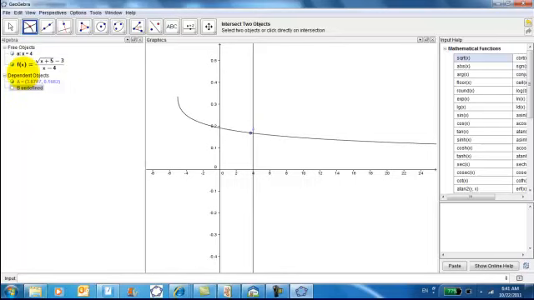And notice B, this point of intersection, is undefined, because technically, when you put 4 here, you're dividing by 0. But it's one of those examples of a hole again, where if I put 4 on the top and the bottom, it makes 0 on top and 0 on the bottom. That's an indeterminate form, which we're really going to study a lot in this chapter.